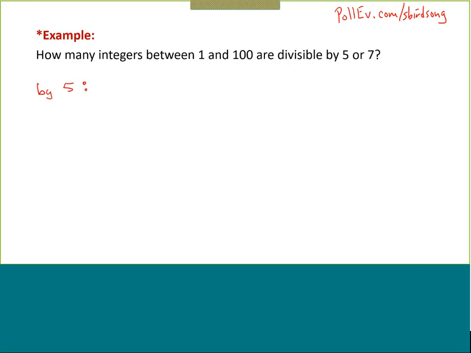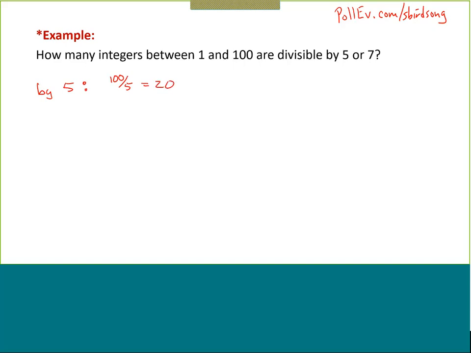Any guesses what you would do? Yeah, you would just divide your 100 by 5. Now watch out, if you still have 100 numbers and it's not specifically the integers 1 through 100, you got to be a little bit more sneaky about it. But if you just have the integers 1 through 100, you just divide them by 5, and hopefully you're all thinking that number is 20.